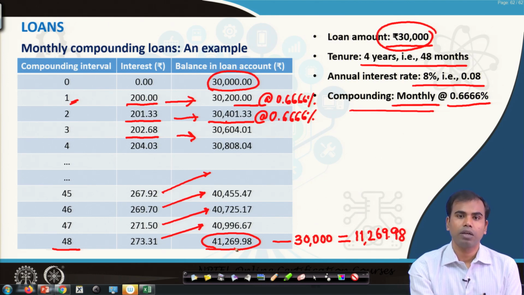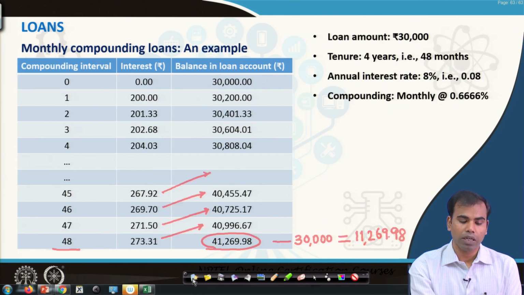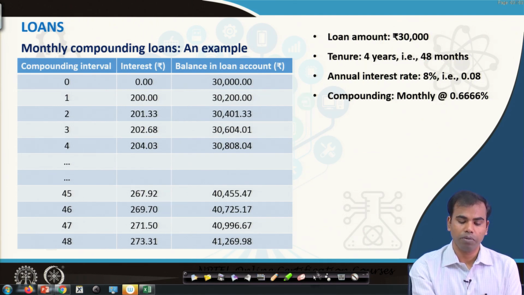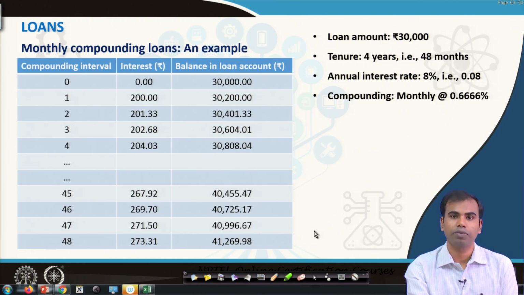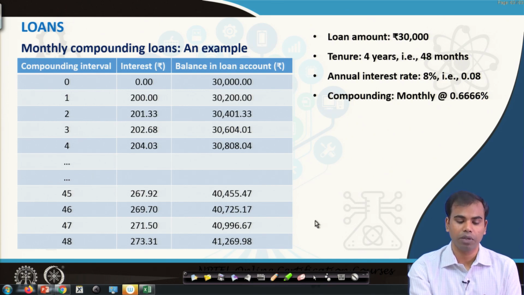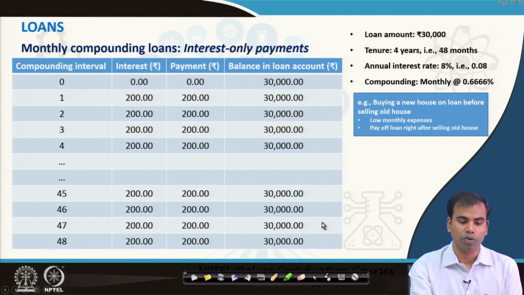Now, since a loan is taken and every month you are liable to pay a certain amount of money back to the lender, the numbers might look slightly different. So, the numbers when you have some amount of money to be paid every month will be as follows.